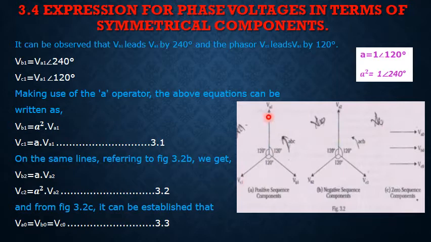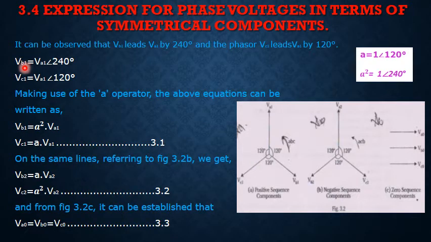Similarly, the phasor VC1 with respect to VA1: VC1 is once again leading VA1, by an angle of 120 degrees, because the direction is anti-clockwise.